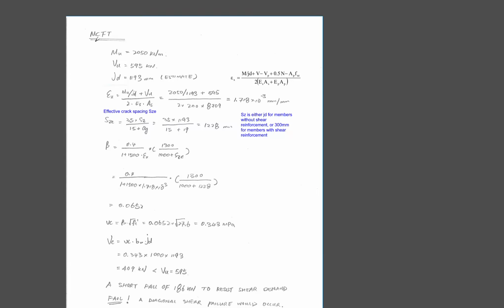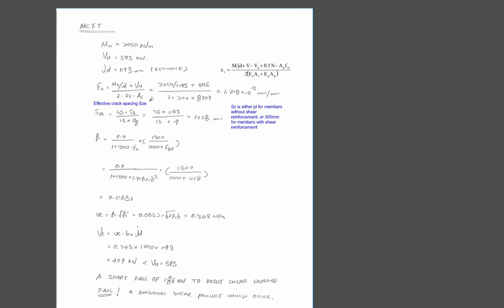The modified compression field theory is a good tool. It looks at the stresses in the concrete and the cracking size and spacing, which has to do with the aggregate size here.